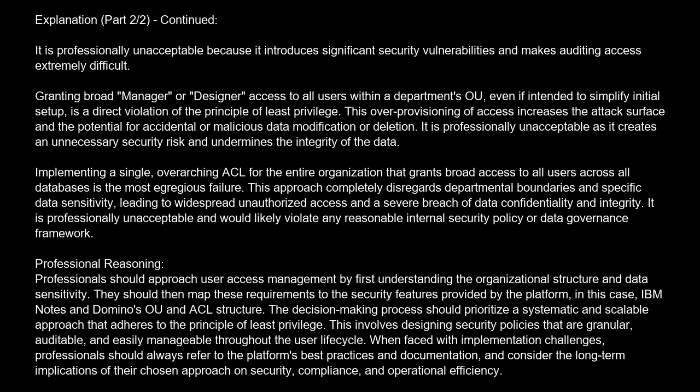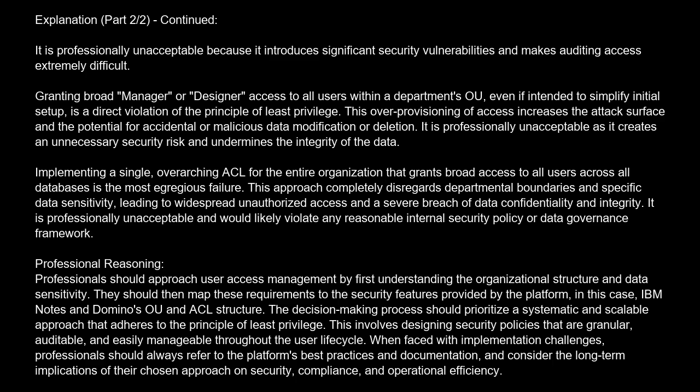Professional reasoning. Professionals should approach user access management by first understanding the organizational structure and data sensitivity. They should then map these requirements to the security features provided by the platform, in this case, IBM Notes and Domino's OU and ACL structure. The decision-making process should prioritize a systematic and scalable approach that adheres to the principle of least privilege.